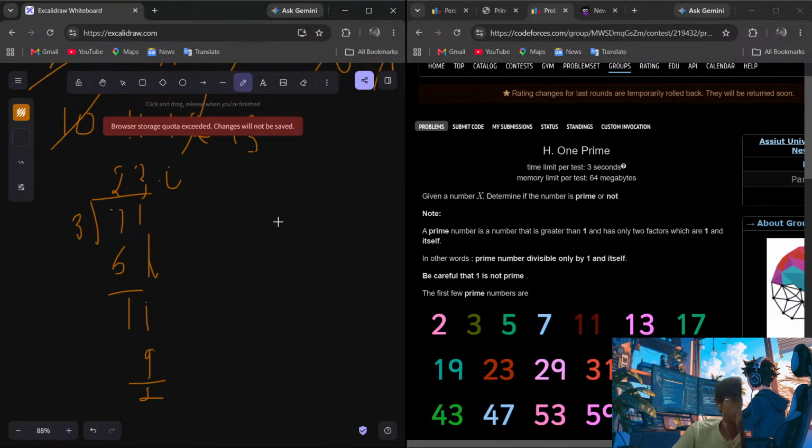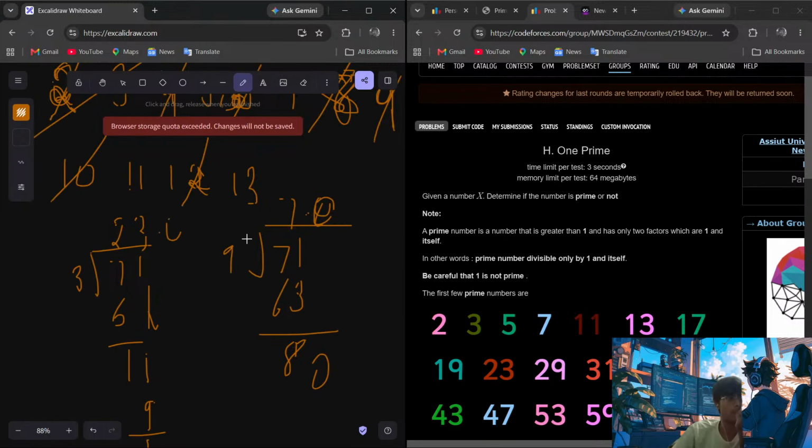If I try 71 divided by 9, 9 sevens are 63, and I get 8 here. If I add 0 and put a decimal point, I will get a decimal value. If I get a decimal value, it means this number does not divide that particular number.